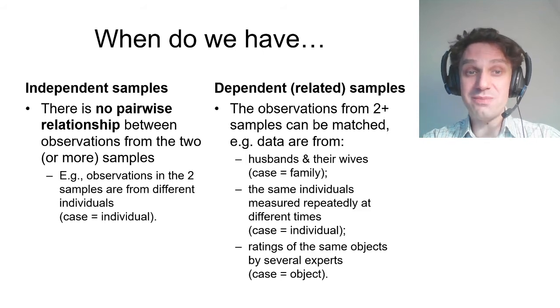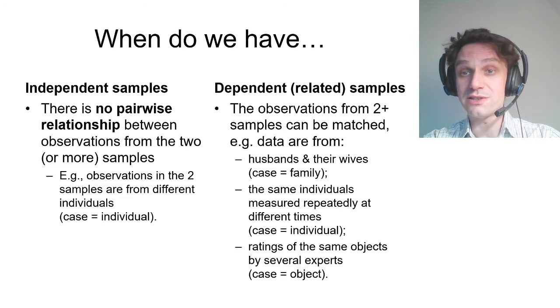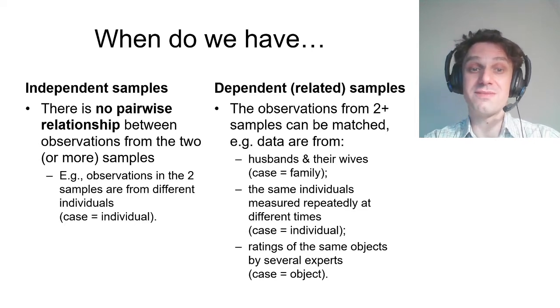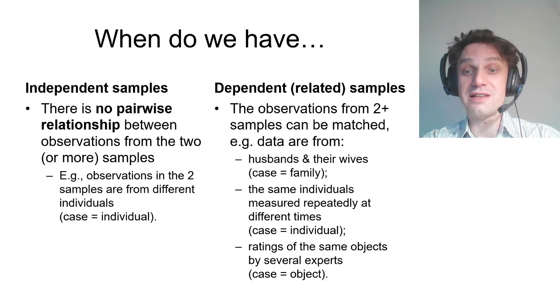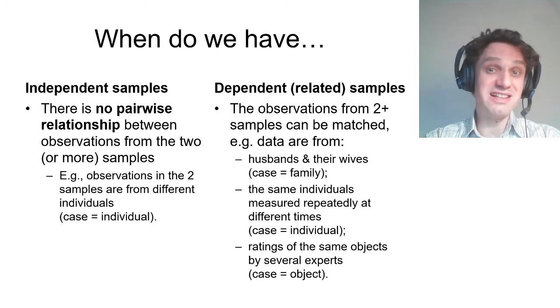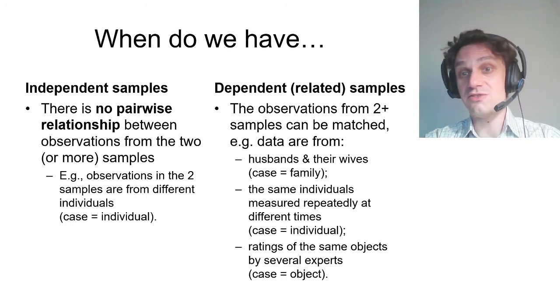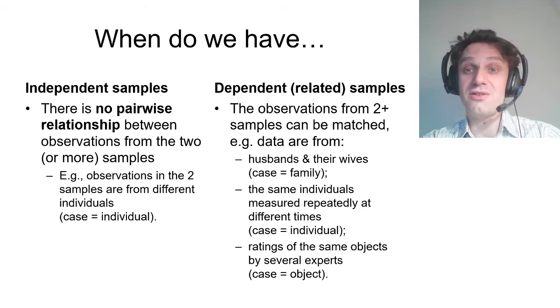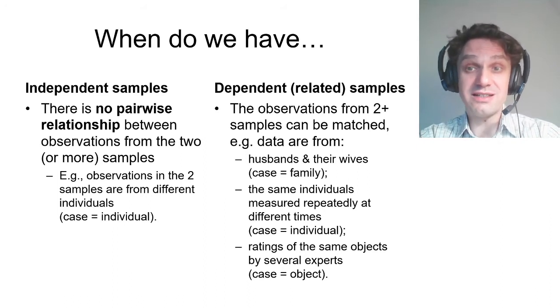We have independent samples when we have two or more groups of observations, and there is no pairwise relationship between observations in those groups. For example, you have a group of male individuals and a group of female individuals, and these groups have different sizes, and all those individuals are not related to any other in any way. These are independent samples.